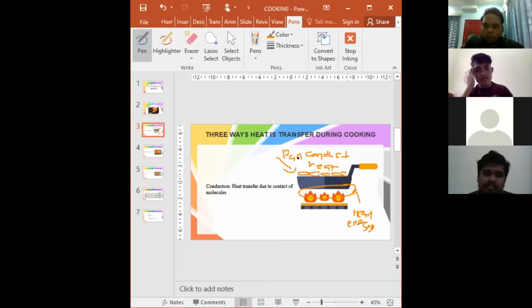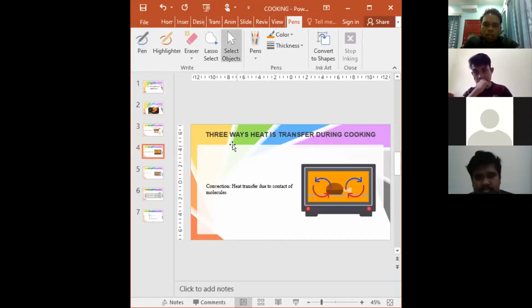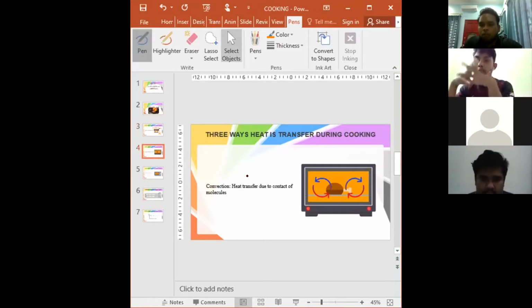Okay, so we are moving on from conduction to convection. Convection is heat transfer due to the movement of molecules.